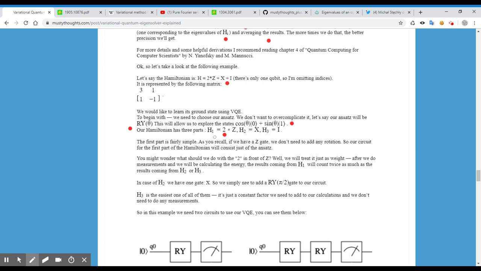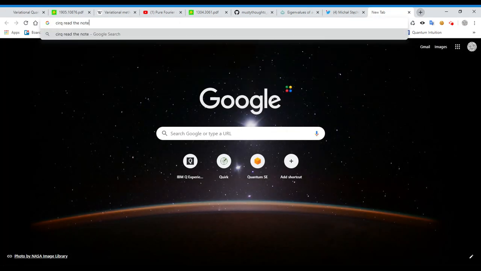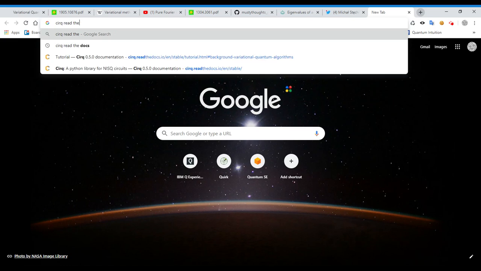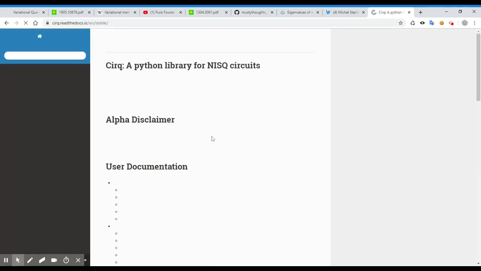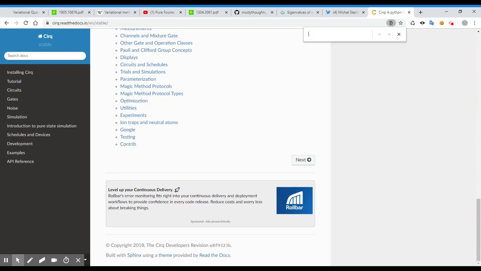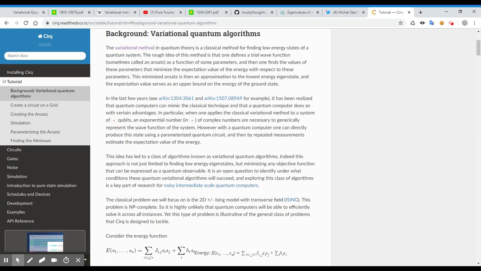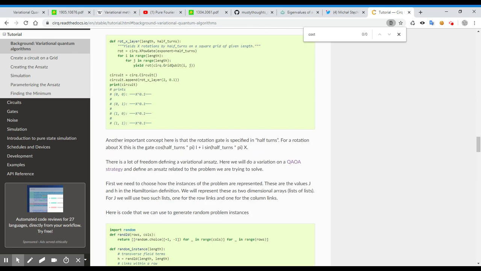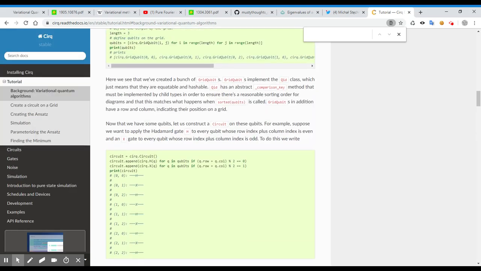Okay, but read the docs. There is a bit of a different function here. There's also a tutorial about VQE, but then what's your cost function? Because here you've got a Hamiltonian.